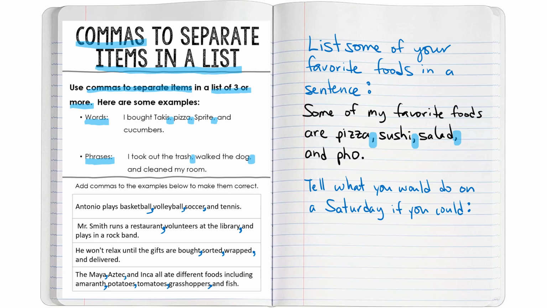Same thing for what you would do on a Saturday if you could. So let me get my pen. And you could say, on a Saturday, I wish I could, and then you're going to start listing the things you want to do. These ones probably won't be individual words. They might be phrases.